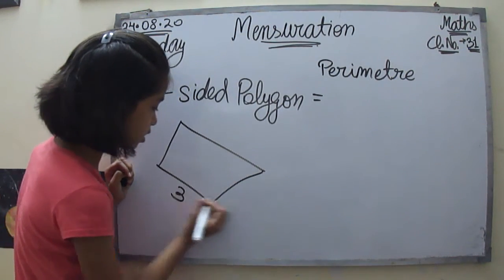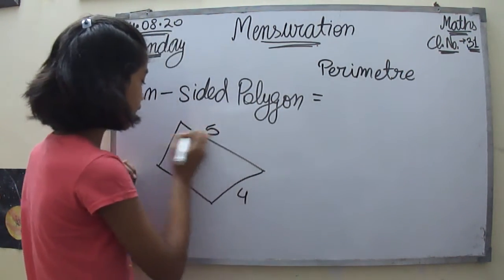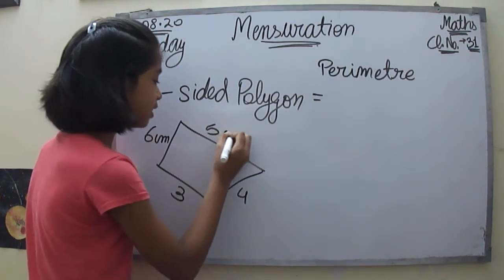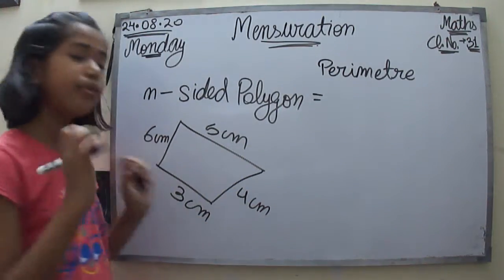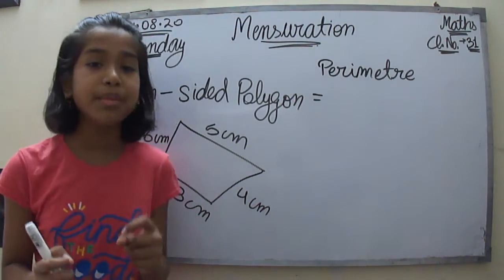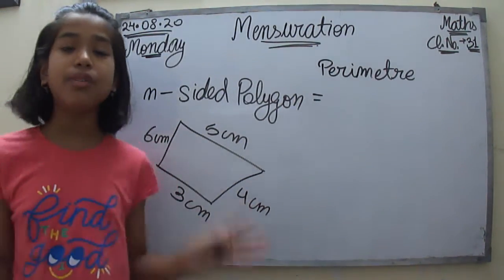Let's say this is 3 centimeter, 4, 5 and 6 centimeter. When we get this type of figure, we have to calculate the perimeter by adding these up. There is no formula for this.